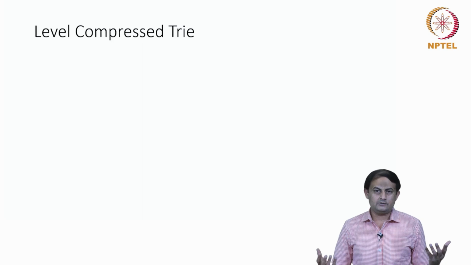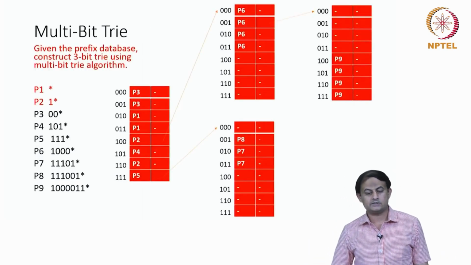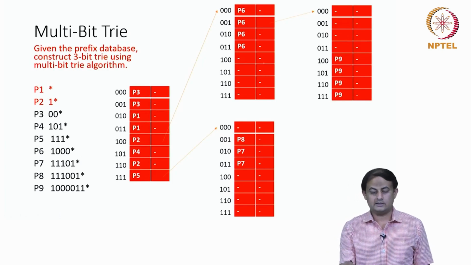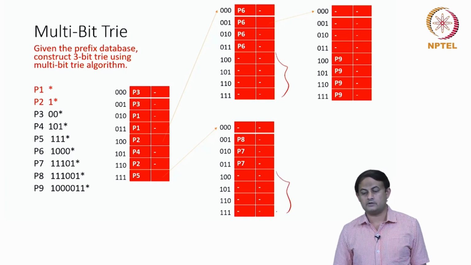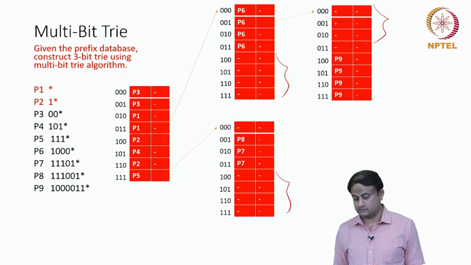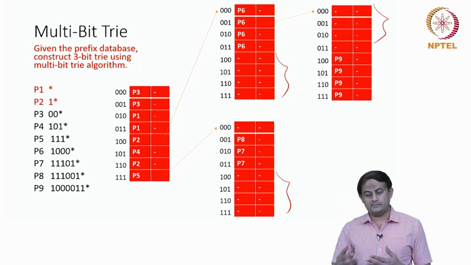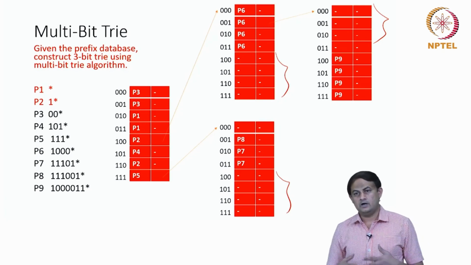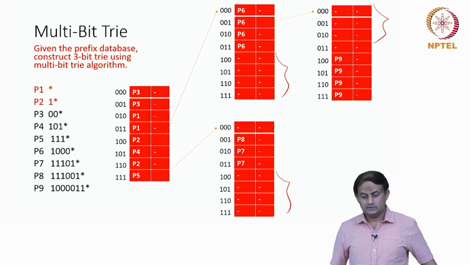I have the ability to do multiple bit comparisons, but what you can see is some of the entries in this table structure, particularly at the second level and the third level. So these 4 entries are left blank, and these 4 entries are also left blank, and these 4 entries are also left blank. In effect, every table entry in this table is basically a pointer, and some of these pointers are not used.